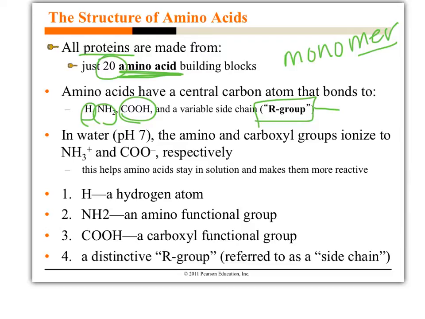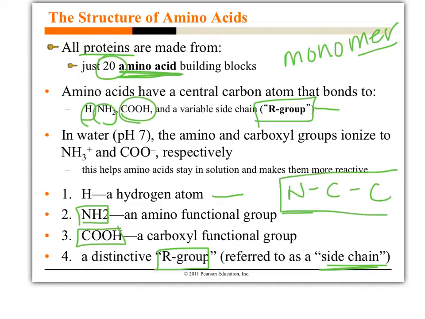Okay, so a hydrogen atom, and an amino group, right, nitrogen containing, and a carboxyl group, and then this R group or side chain. NCC is what we will recognize, then with a bunch of hydrogens on it, and an R group. That's how we recognize an amino acid.